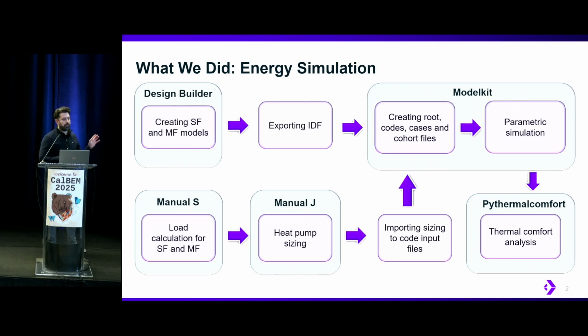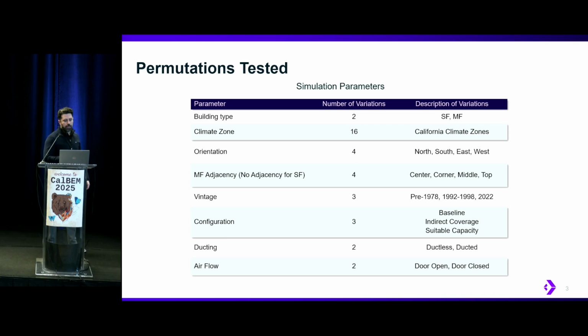At the same time, we modeled the Manual S to calculate the load and right-size the heat pump with Manual J. So with the IDF and the heat pump size, we parameterized the IDF file compatible with the modelkit framework, and we ran the parametric simulation. And with the output of the parametric simulation, we performed the thermal comfort analysis with a Python script.